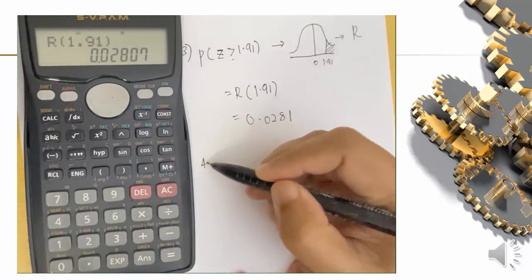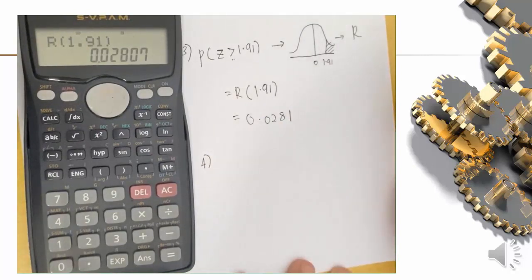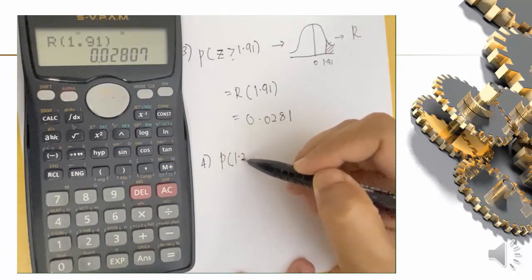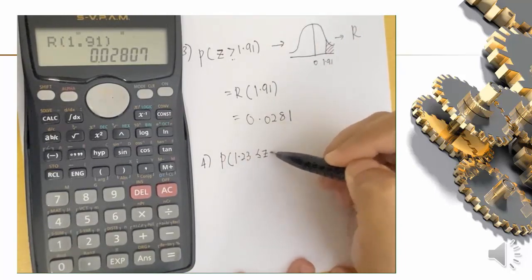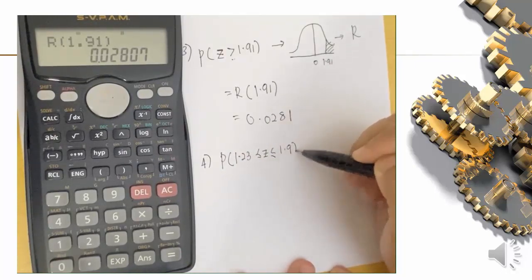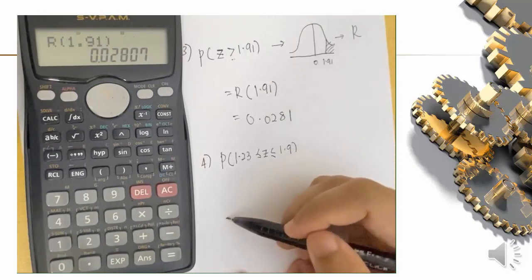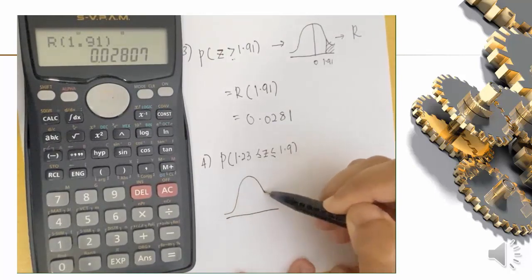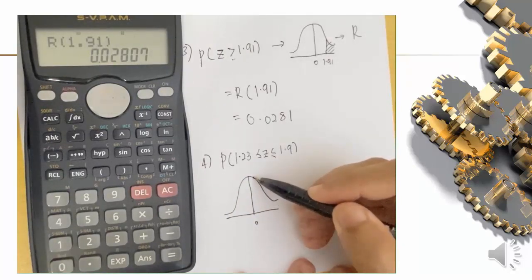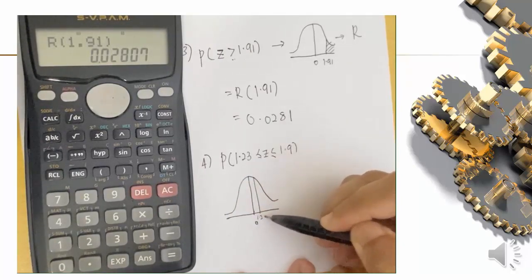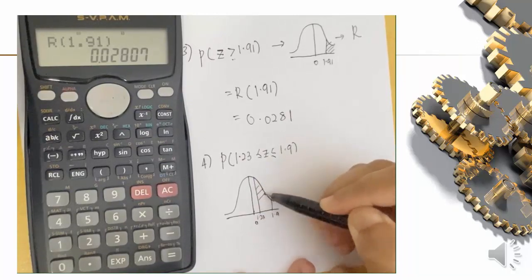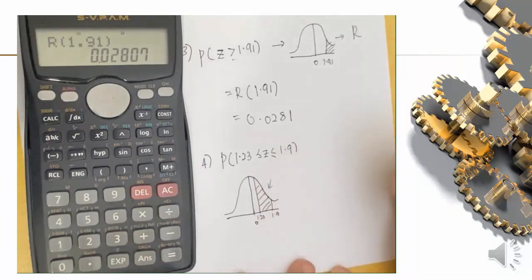Okay, number 4. For number 4, find probability 1.23 less than z less than 1.9. So in the graph, we will have this 0, 1.23, 1.9. Find this probability.